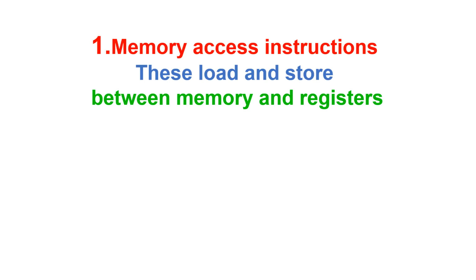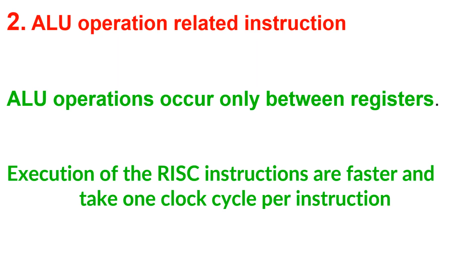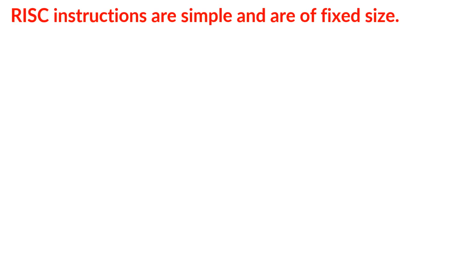Number one, memory access instructions. Memory access instructions load and store data between memory and registers. The second type is ALU operation related instructions. ALU operations always occur between registers, and execution of RISC instructions is faster, as we have already learnt, taking 1 clock cycle per instruction.